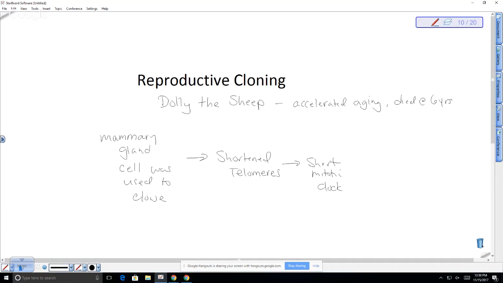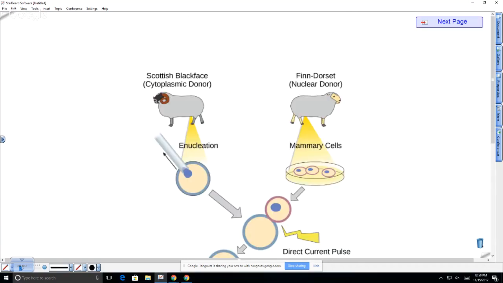So in your book, there is a diagram that shows this process, right? They used two different types of sheep so that they could keep track. They wanted to make sure that it wasn't the surrogate mother that had a baby, right? We wanted to make sure that the nuclear donor, which supplied the mammary gland cells, right?